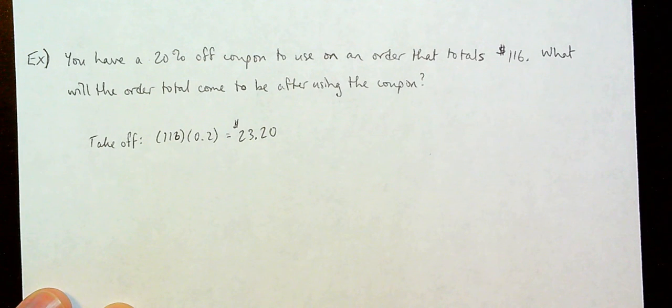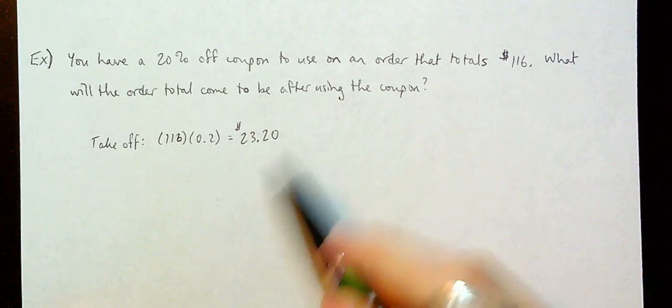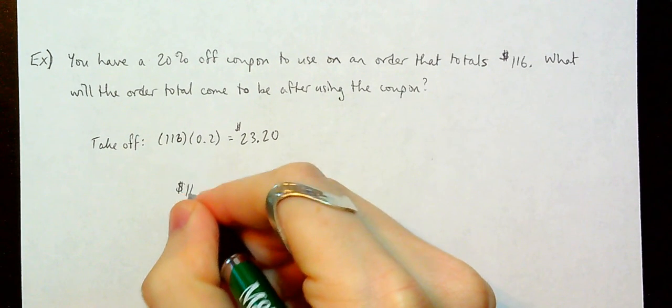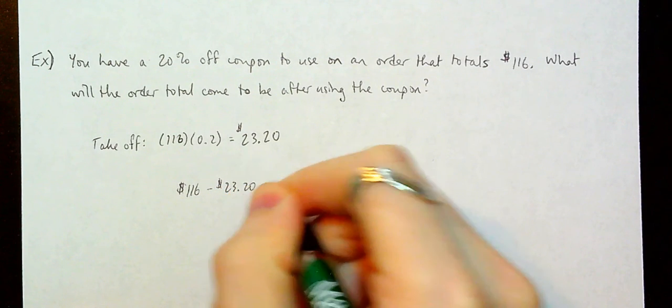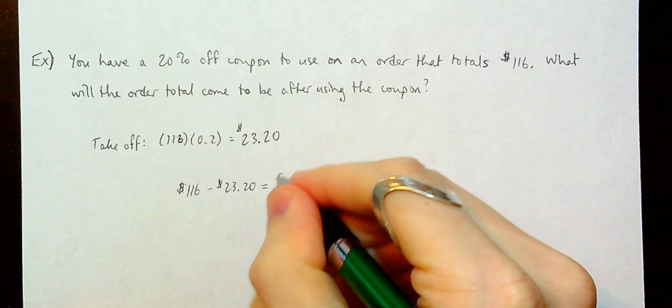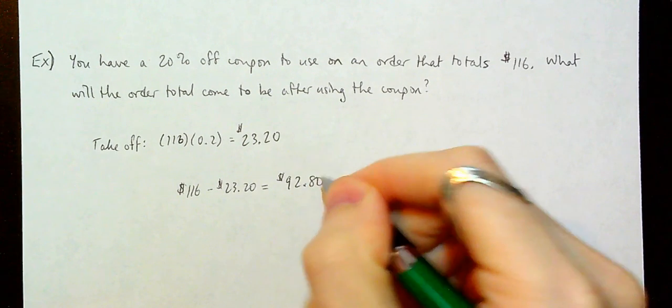So now you just do $116 minus your $23.20. And going back to a little bit of mental math here, this is going to come to $92.80.